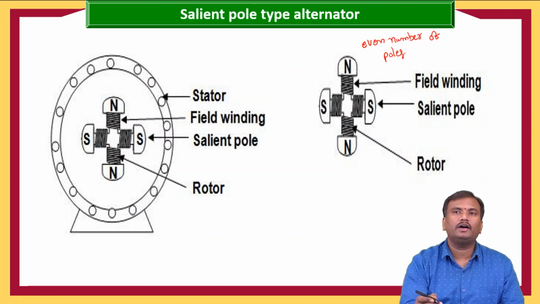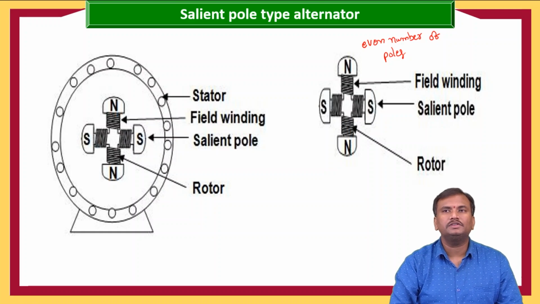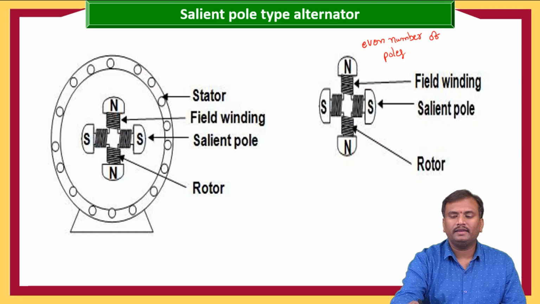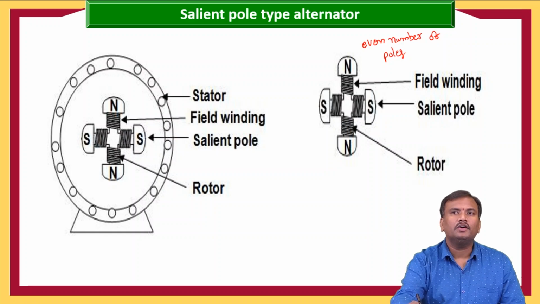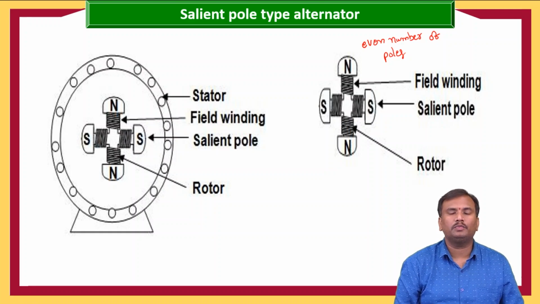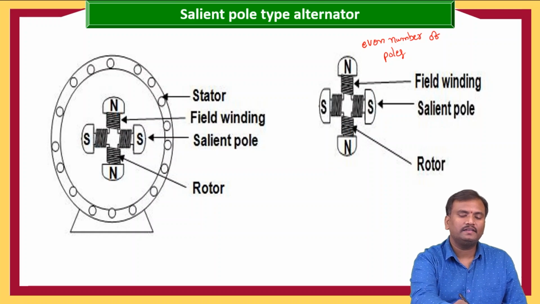Like this we are going to have n number of poles, which is an even number. On the salient pole rotor, we place the winding such that it produces alternate north and south poles.